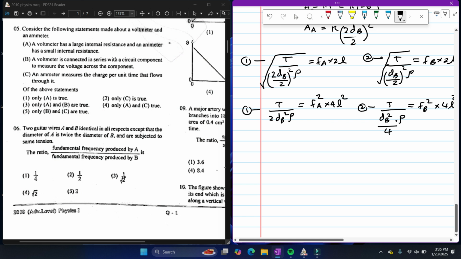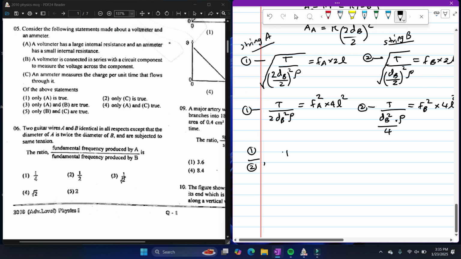Afterwards we better divide equation number 1 by 2. This is for string A, this is for string B. So string A divided by B. So equation 1 divided by 2.